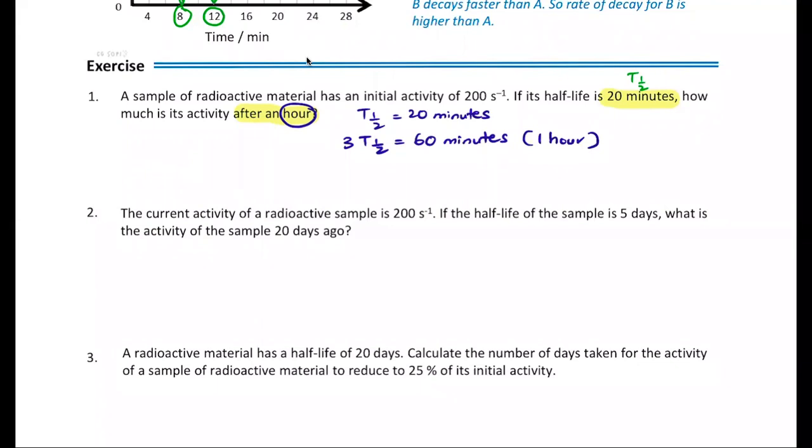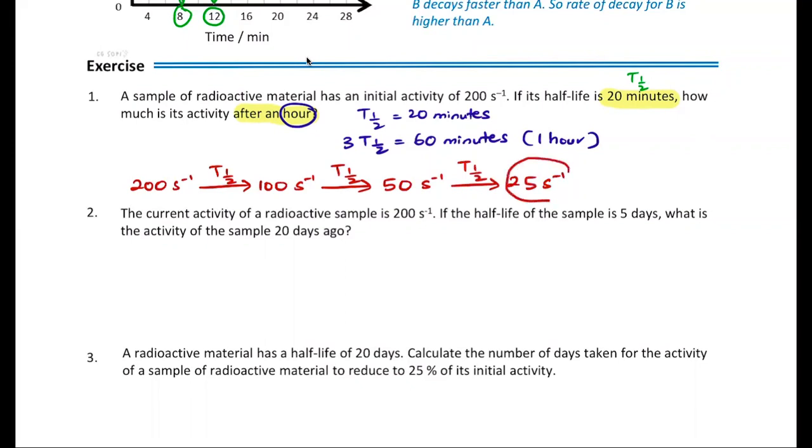So we start with 200 per second. 1 half-life, reduce to half, so 100 per second. Another half-life, reduce to half, 50 per second. And then another half-life, reduce to half. So how much is this activity after an hour?